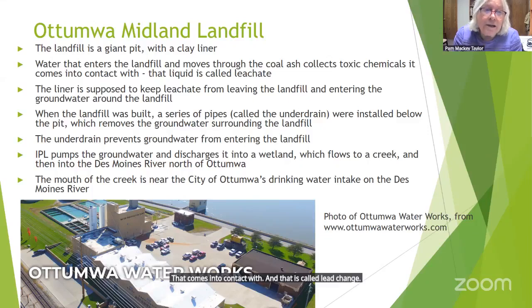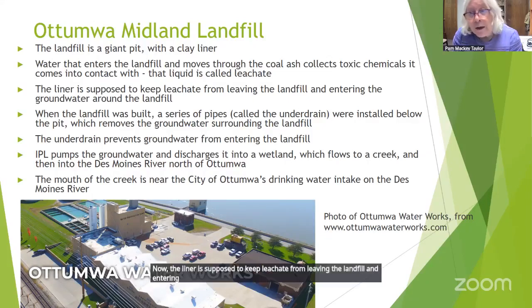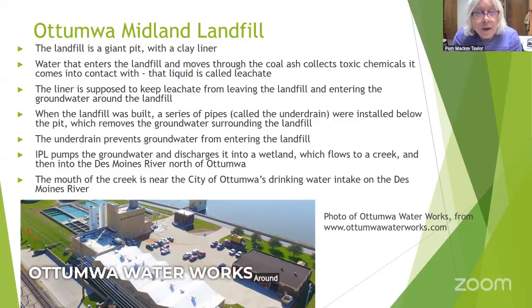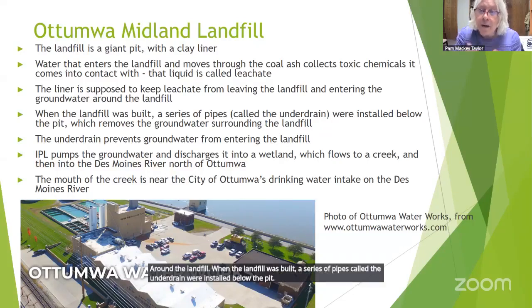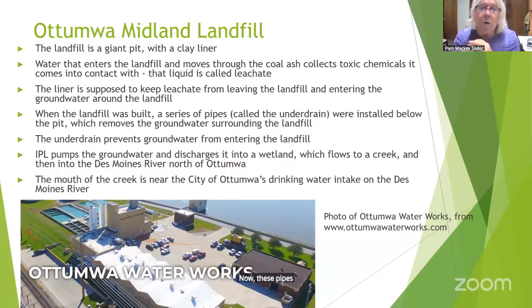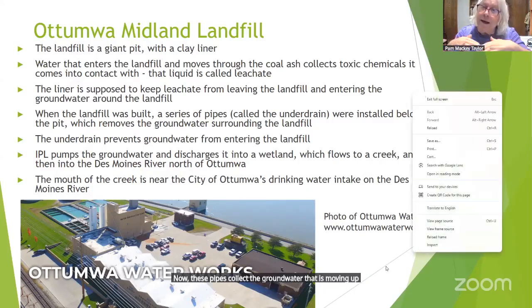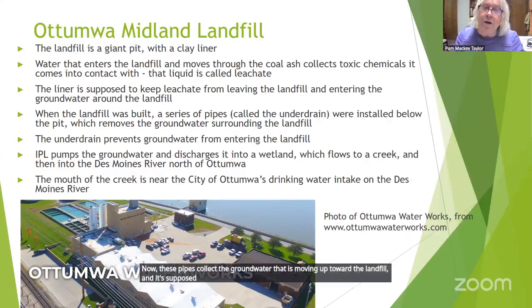Now, the liner is supposed to keep leachate from leaving the landfill and entering the ground fill around the landfill. When the landfill was built, a series of pipes called the underdrain were installed below the pit. Now, these pipes collect the groundwater that is moving up toward the landfill, and it is supposed to keep the landfill dry.